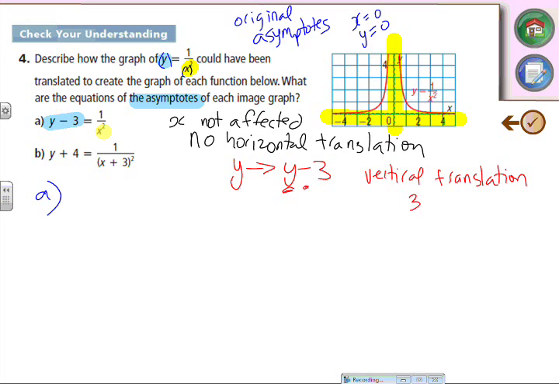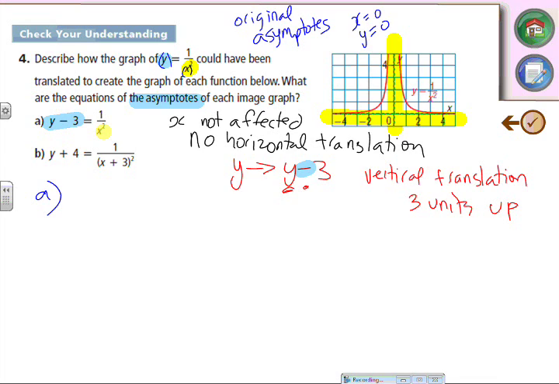And now you have to decide which direction. It says minus 3. We're going to go in the opposite. As soon as we do these replacements, the opposite, we're going to go into the positives, up. So there's part A. Vertical translation, 3 units up.